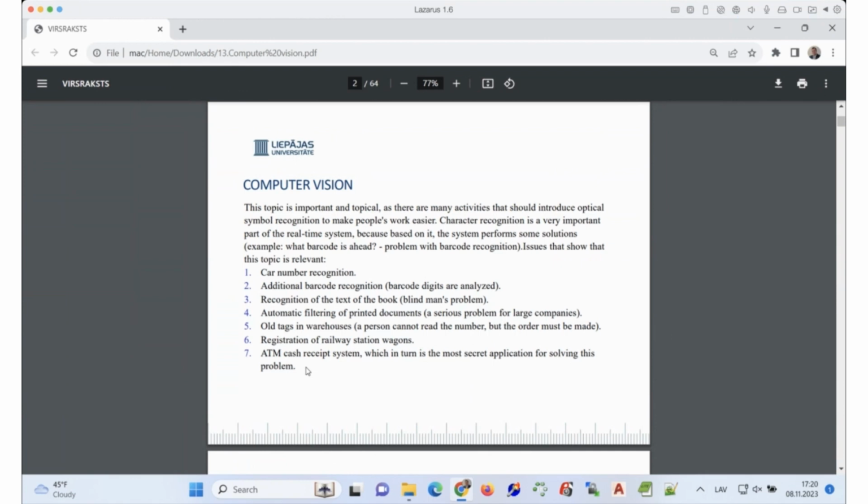Registration of railway wagons, which is implemented almost everywhere on every station. And the ATM cash receipt system, which literally analyzes banknotes if you pulled them inside.